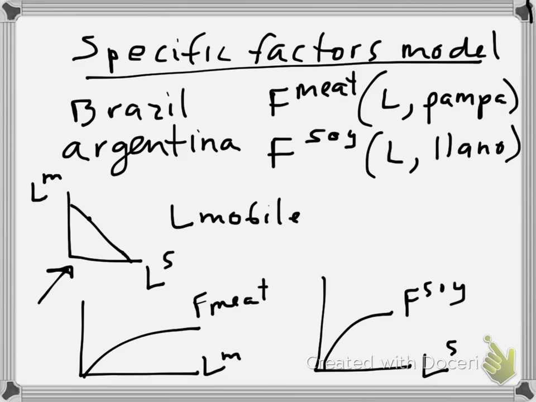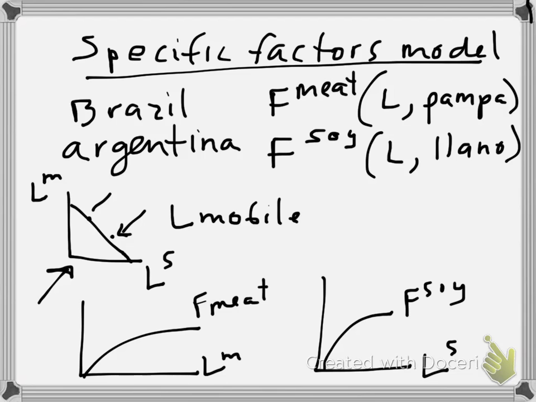Any point on this graph is an allocation of labor between the soy sector and the meat sector. We have the production function for meat and the production function for soy, and we just assume they look like regular production functions, concave with decreasing returns.